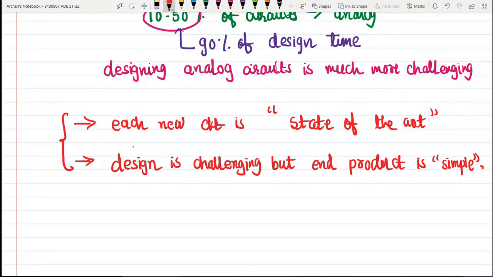Okay, because all the signals which are available naturally are in the form of analog only, and we will take advantage of those signals and design different analog circuits, which are themselves state of the art circuits, right? So this is all about digital electronics and analog electronics.